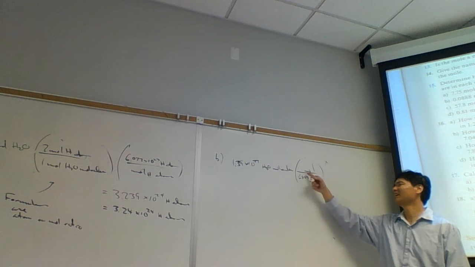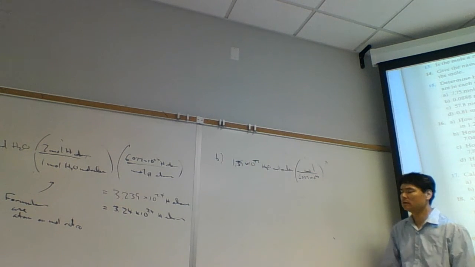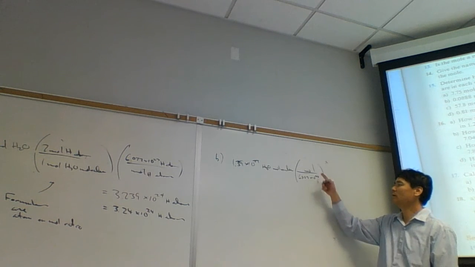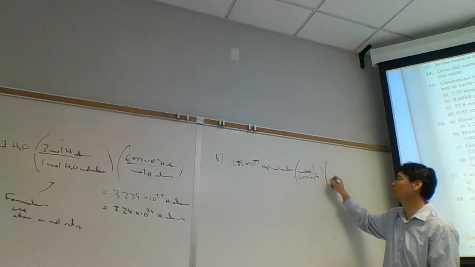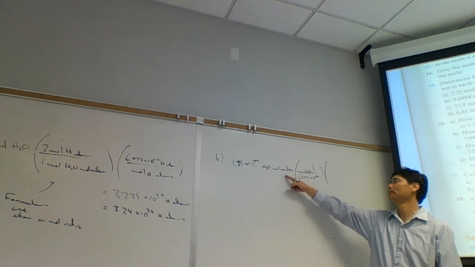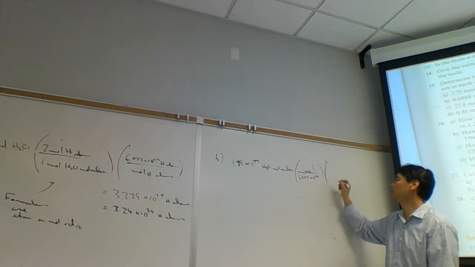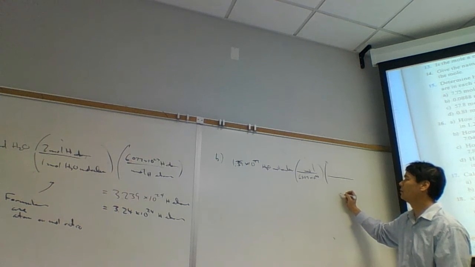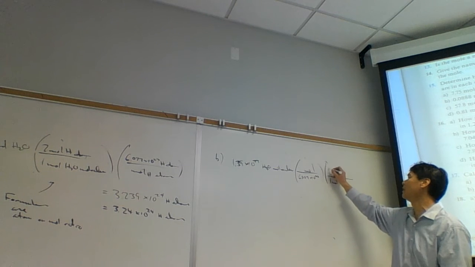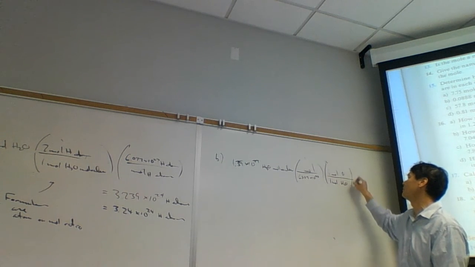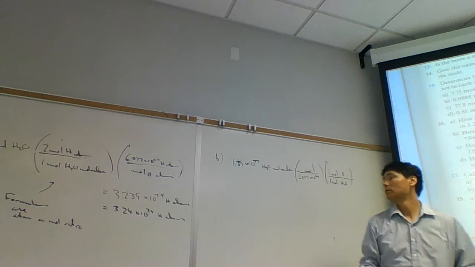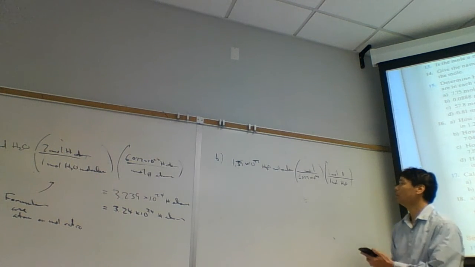I'll just write this as an arbitrary or undefined unit here: 1 mole of units is 6.022 times 10 to the 23rd of those units. And so this takes us to moles of H2O molecules. From moles of H2O molecules, for every 1 mole of H2O molecules, how many moles of oxygen do I have? 1 mole of oxygen atoms. And so that takes us to where we want to go here.